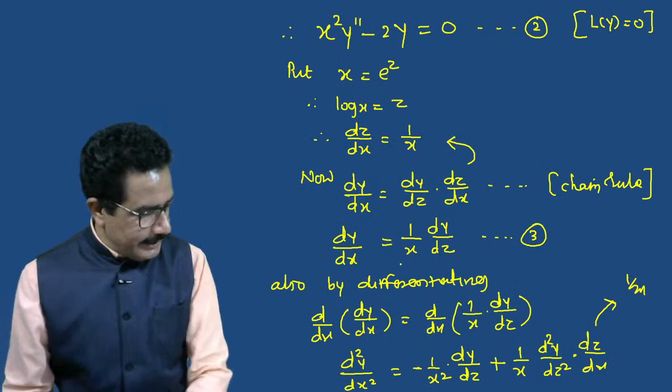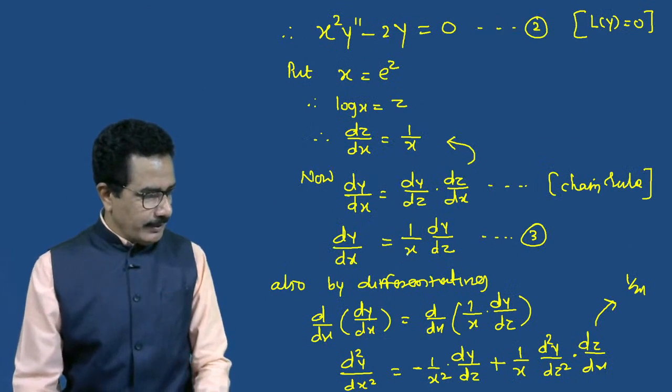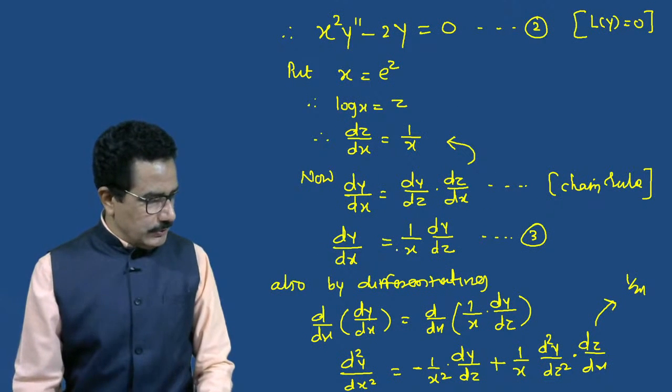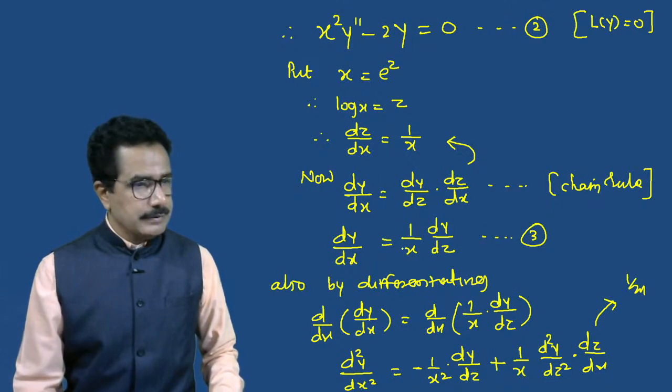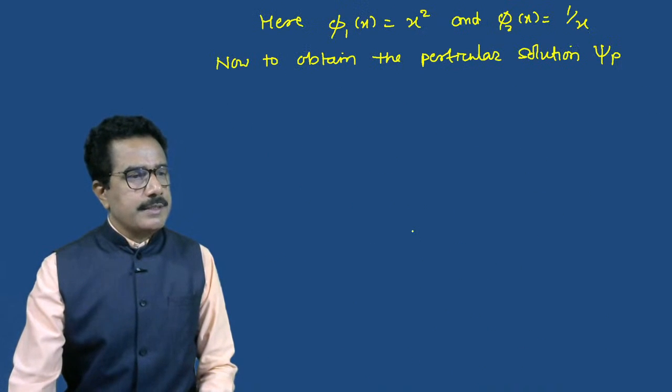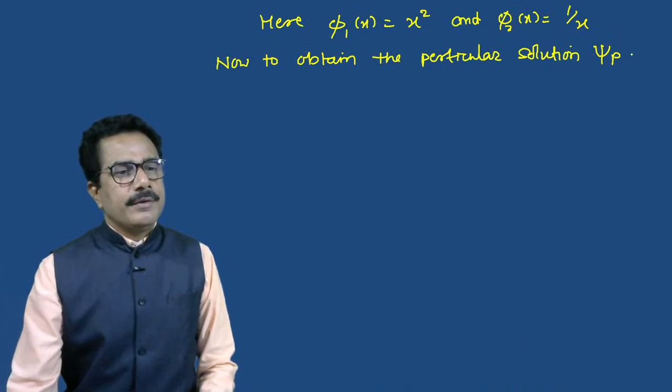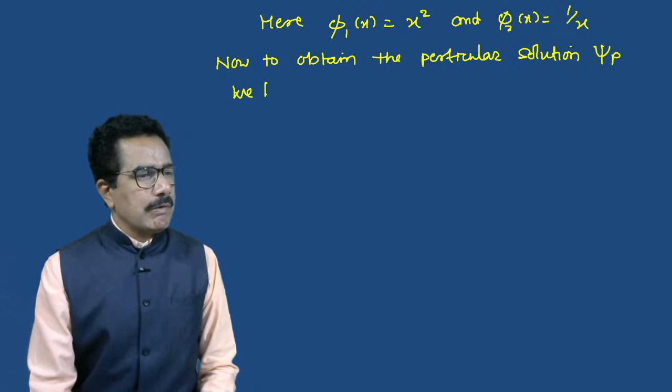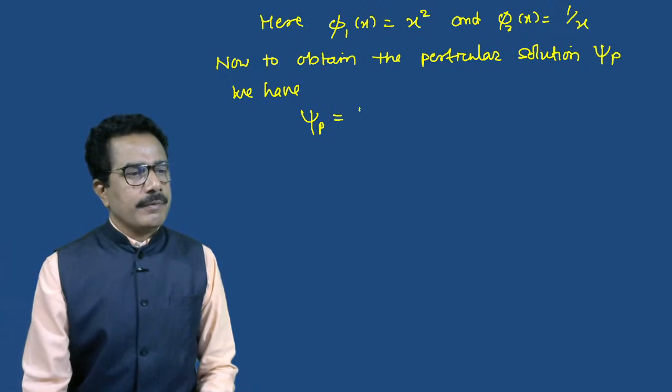So we can write this as, now Psi-P is equal to u1 phi1 plus u2 phi2.